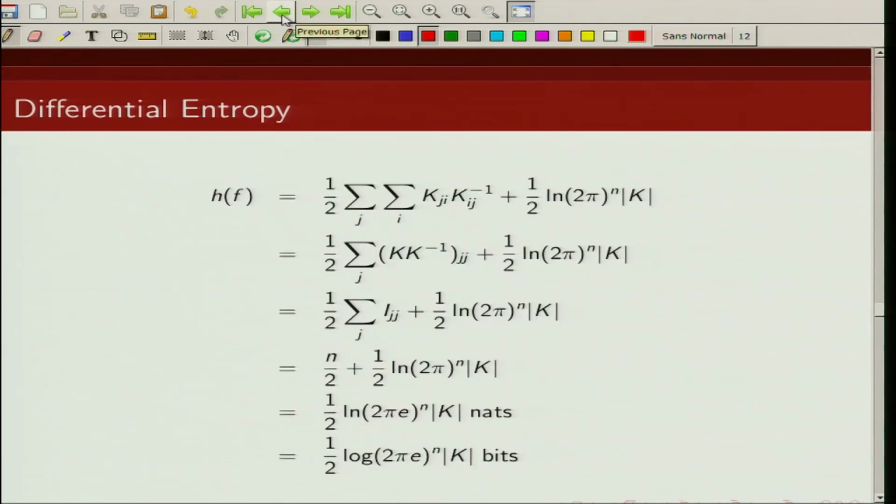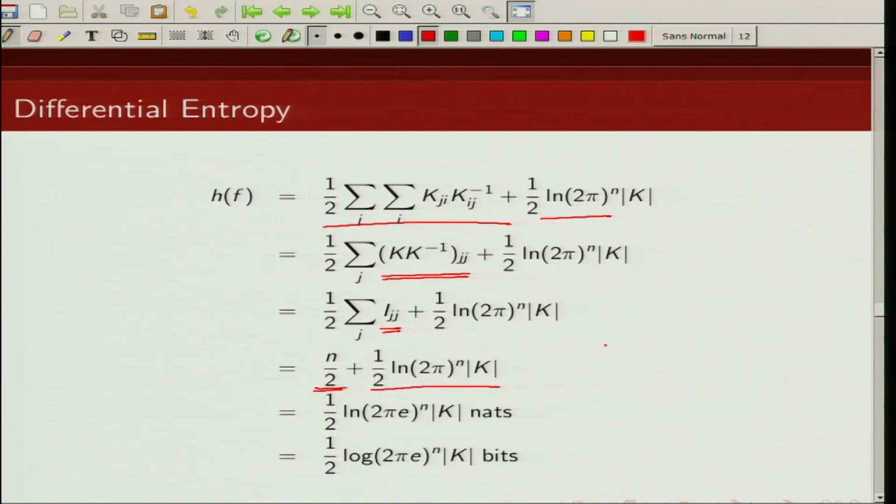Next I can write this as Kji and K inverse ij. So this will be non-zero only for those terms where i is equal to j, and that's basically this, and this is going to be identity. So summation over all j, this will give me n, and this way I am getting n by 2. And then this term is coming from earlier, so we get this.